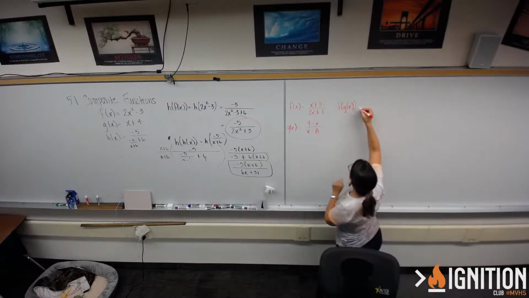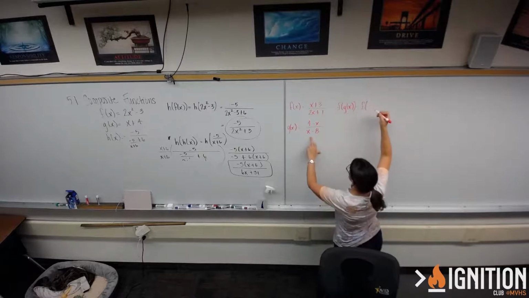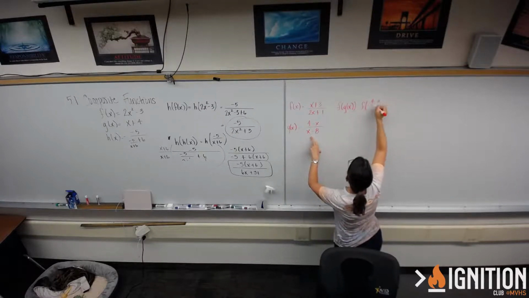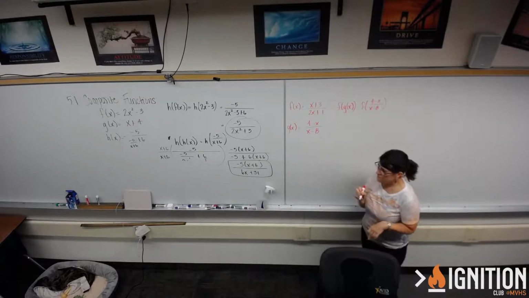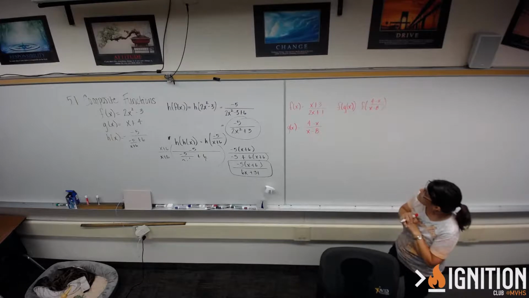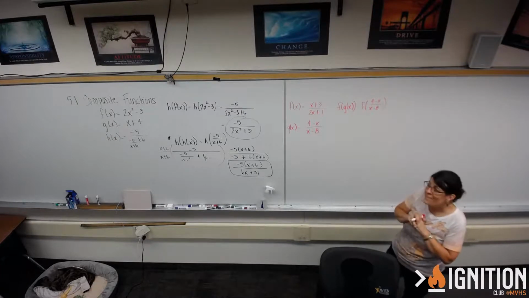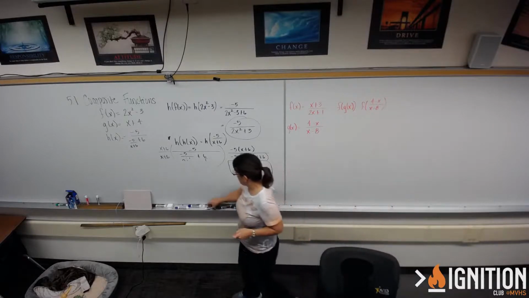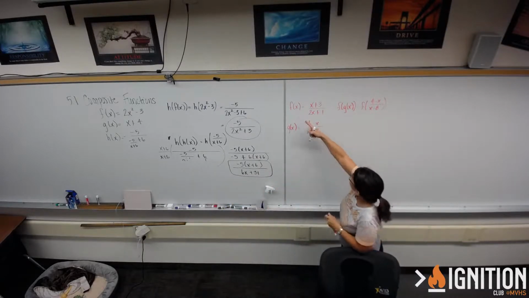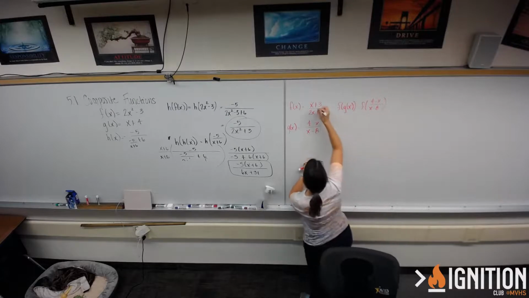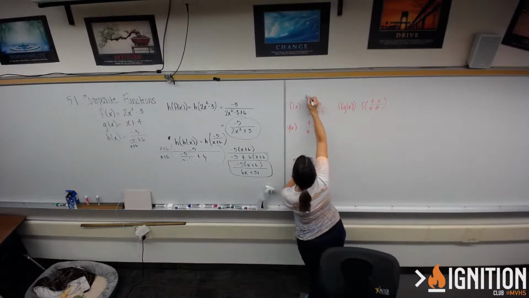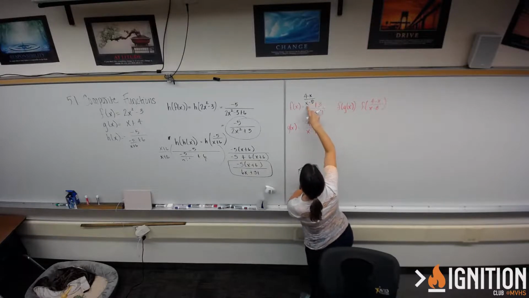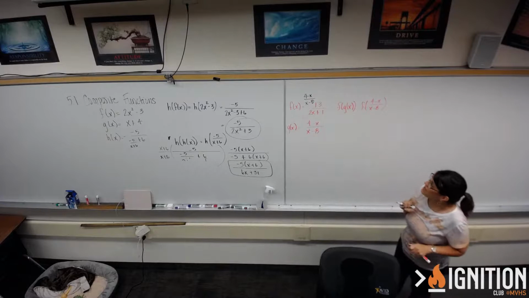So this is going to be the f of g, 4 minus x over x minus 8. Okay, so in the f function, x comes out. 4 minus x over x minus 8 goes in.